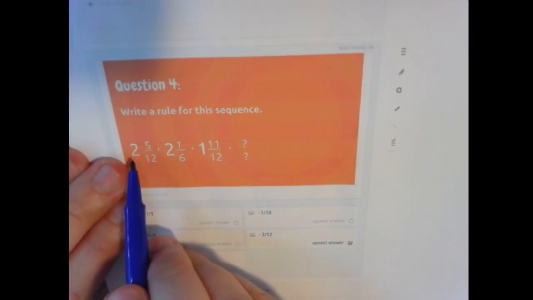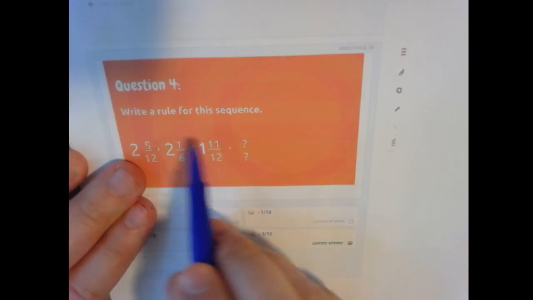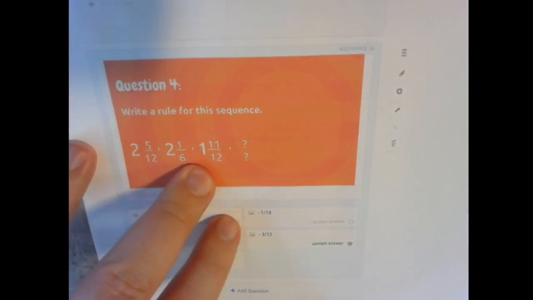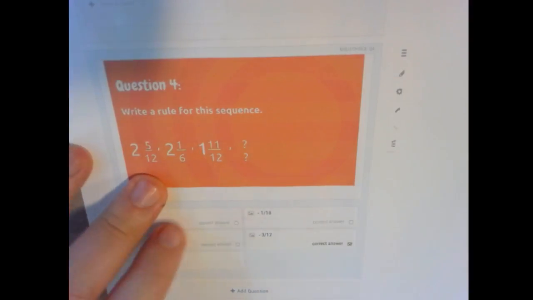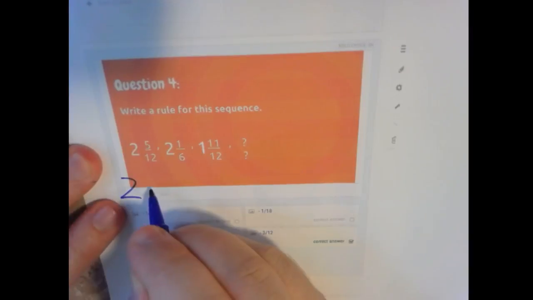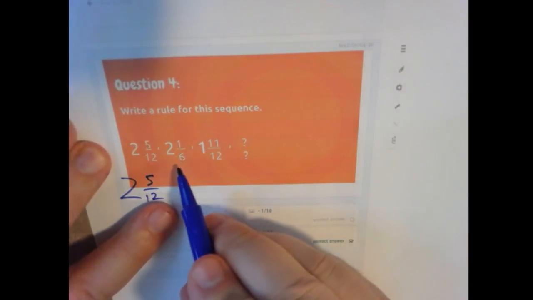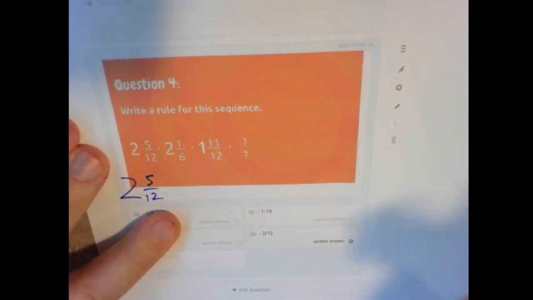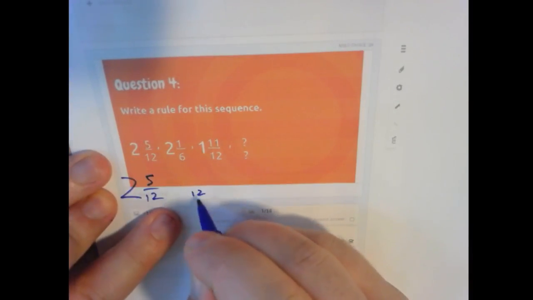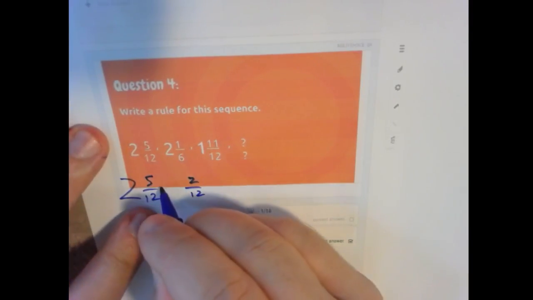Okay, try one more. So here the whole number does not change. The fraction does, and then here the whole number changes and the fraction does as well. Let's get this into matching fractions first of all. So this is going to stay 2 and 5/12. How would I go from 6 to 12 using multiplication? I'd of course double it, so 6 times 2 is 12. The numerator, 1 times 2 would be 2.